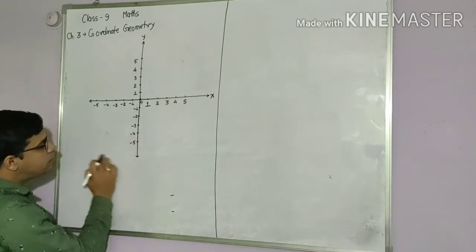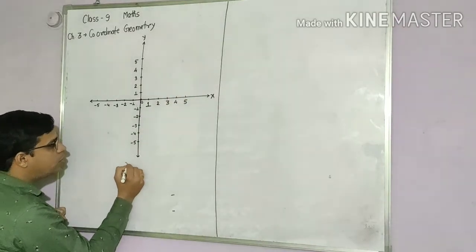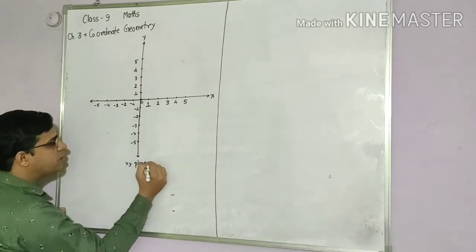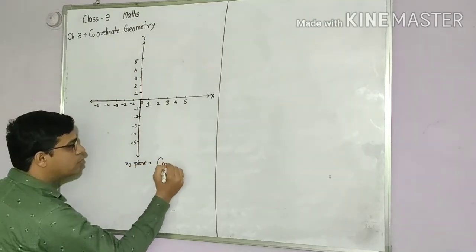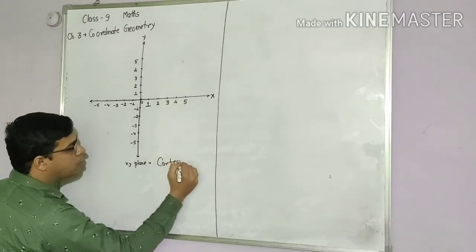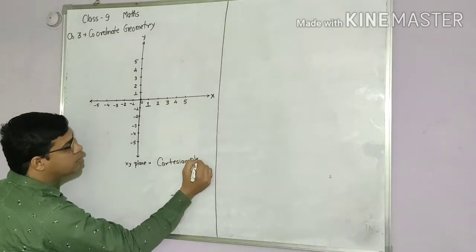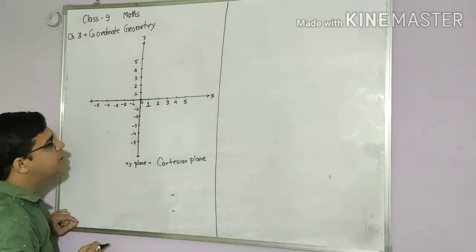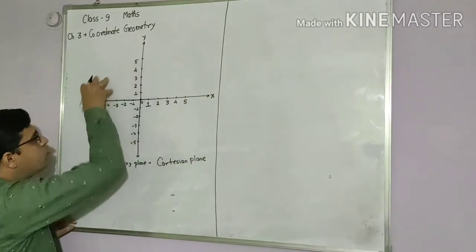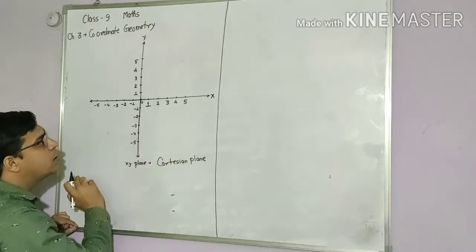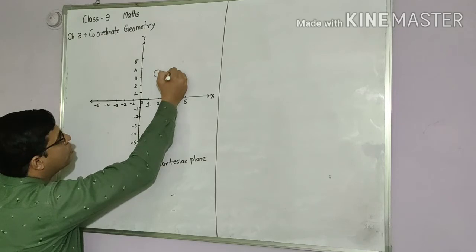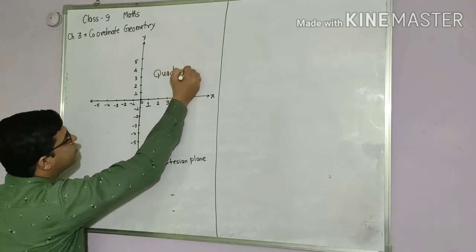This is our plane, which is called either XY plane, or technically it is called Cartesian plane. This is our Cartesian plane, which is divided into 4 parts. Each part is called quadrant.